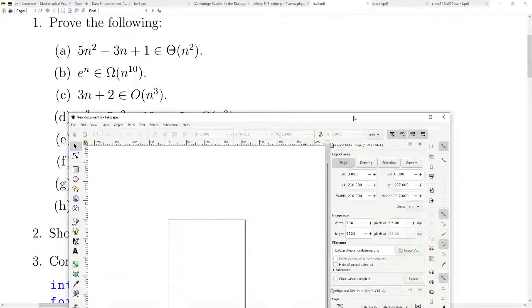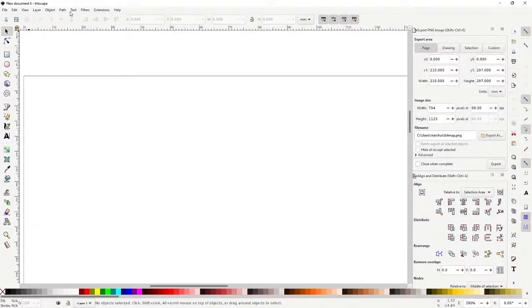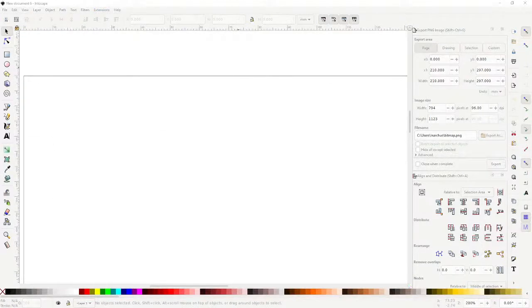Let's start with 3n plus 2 is big O of... let's pull up maybe LaTeX. Render, mathematics, PDF. So we want to show that 3n plus 2 is in big O of n cubed.